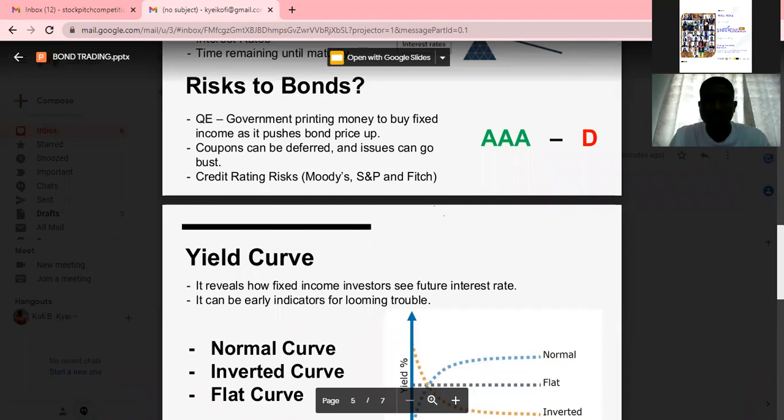And then they had issues with meeting their obligations of coupon payments to their investors, which is a very serious situation in China at the moment. And also, we have the risks of credit rating from these credit firms.